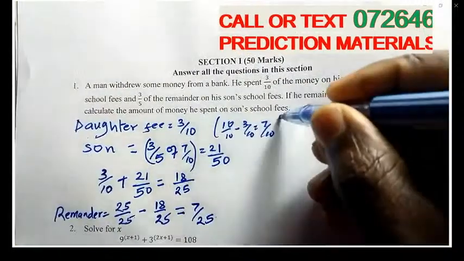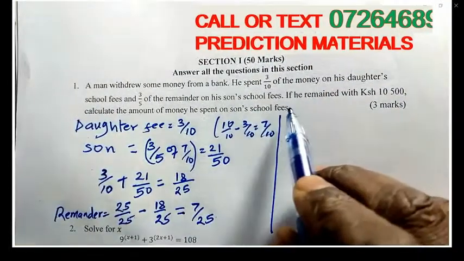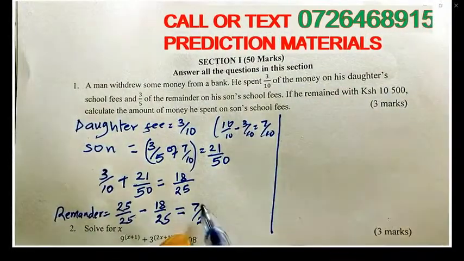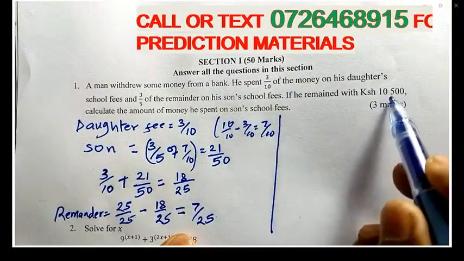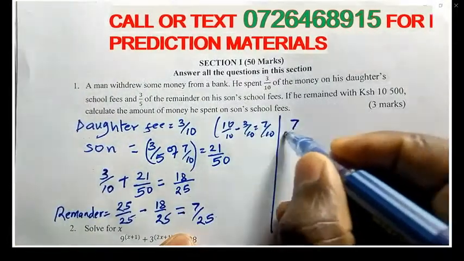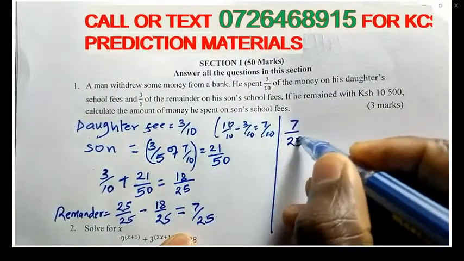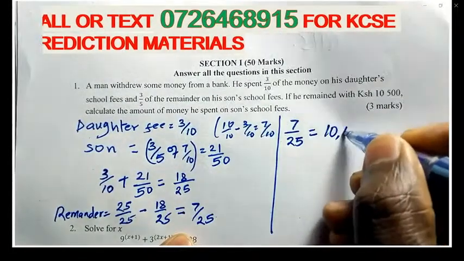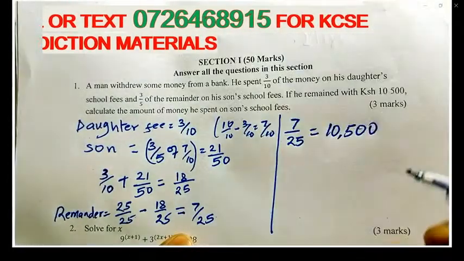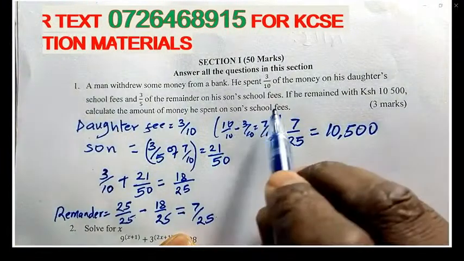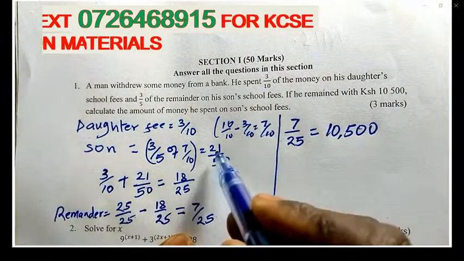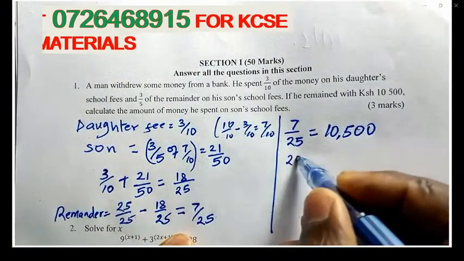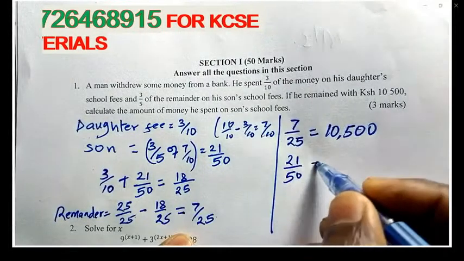But we are told that if he remained with Kenya shilling, so this 7/25 ndio hii imebaki. So 7/25 is equal to what is remaining? 10,500. What about the school fees of the son? Son ni 21/50. So unauliza 21/50 itakuwa ngapi?